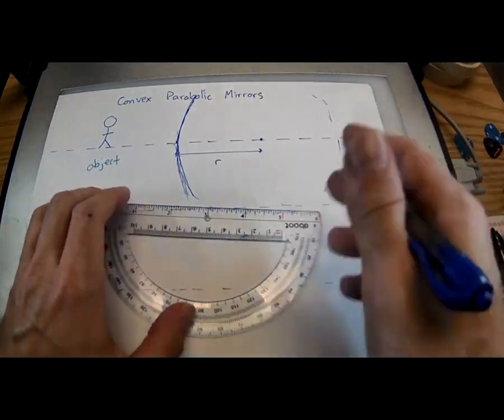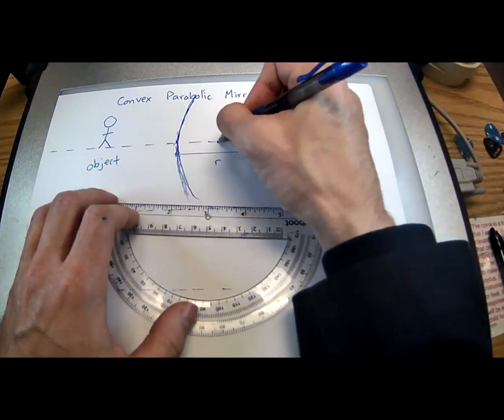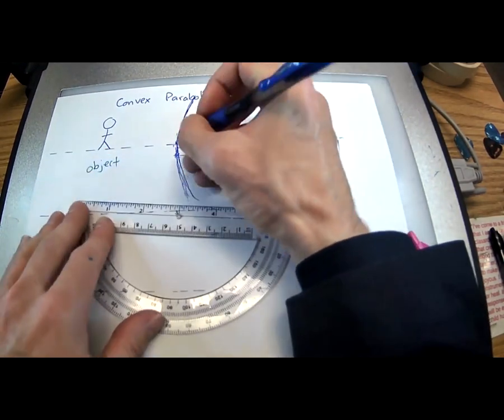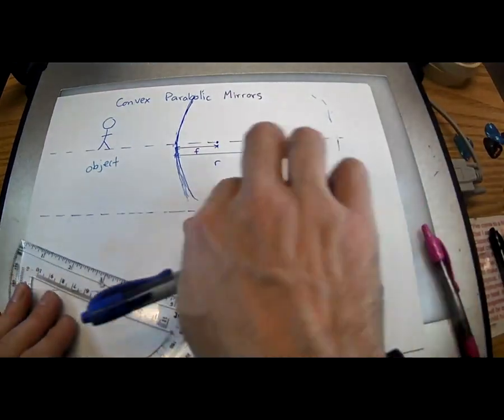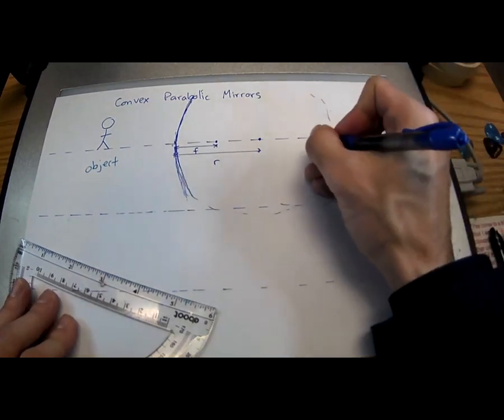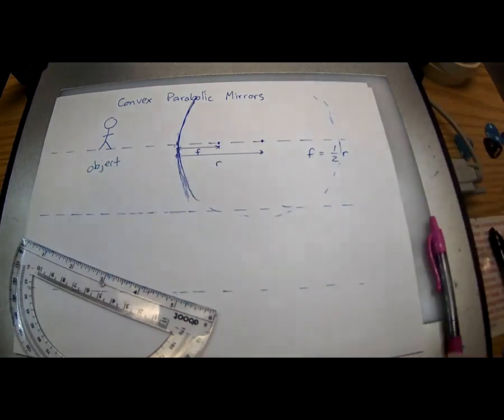Then I'm going to take half that distance from the surface. I'll show you guys why half in a moment. It'll make sense, so just go with it for now. I'm going to call this the focal length, f. And what I just told you is the relationship between those two: the focal length is always half of the radius of that circle.